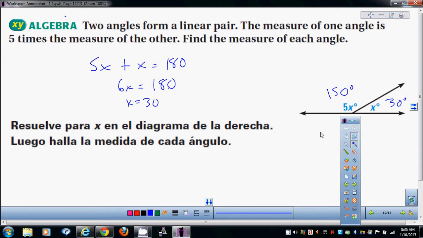A lot of people today are going to see this problem and they're going to think, ooh, 5x equals x, because that's just kind of the simple thing we think of when we see two quantities. But the vocab will tell you. Now, if it had said, let's say this picture wasn't here, that the two angles form vertical angles.